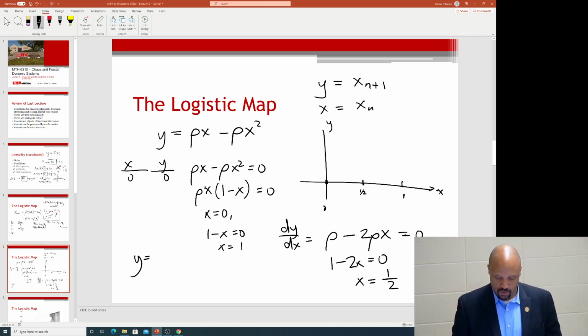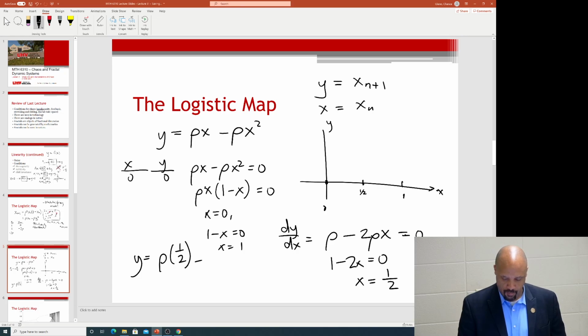Y equals rho times 1/2 minus rho times 1/2 squared.